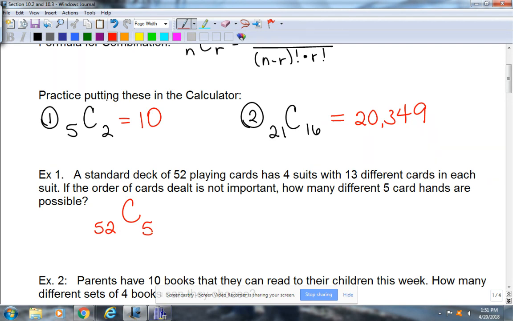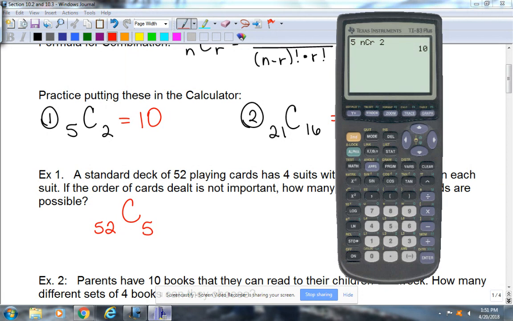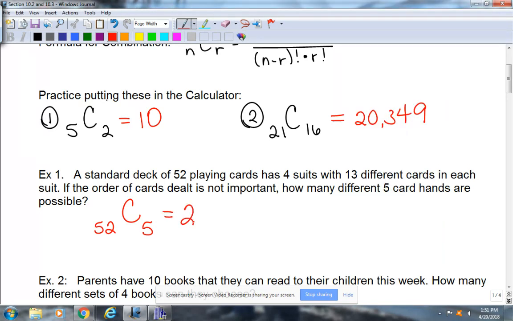How many you're choosing goes on the right. So you're finding how many ways you can get dealt 5 cards. So you type it in like that. Hit enter. How many? 2,598,960. Say it again. 2 million.